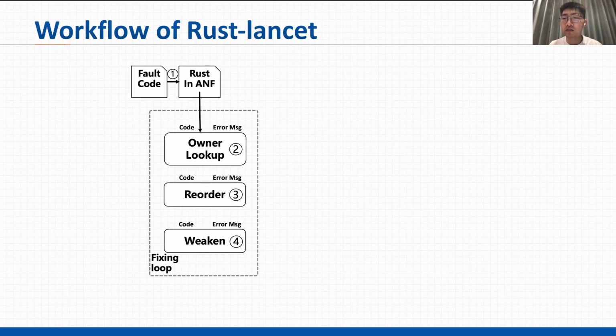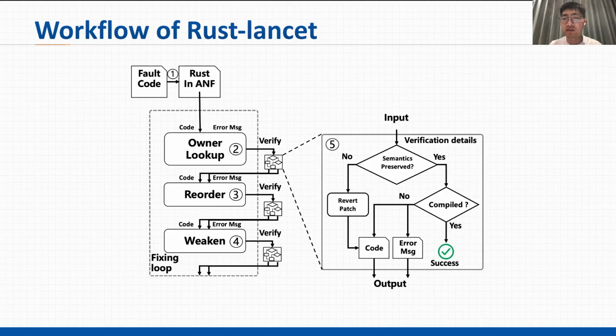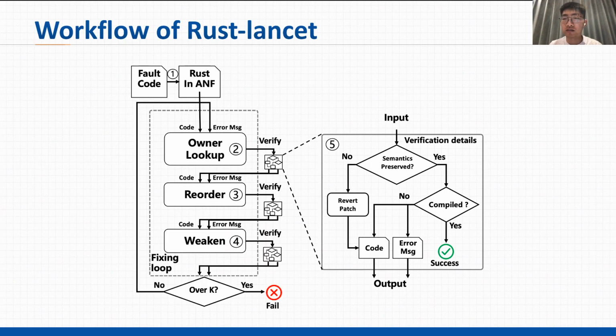If the patched code is compilable and preserves the original semantics, then Rust-lancet concludes the fixing process. If not, Rust-lancet will try the next strategy until reaching the loop upper bound. Next, I will use the previous example to demonstrate how each step works.